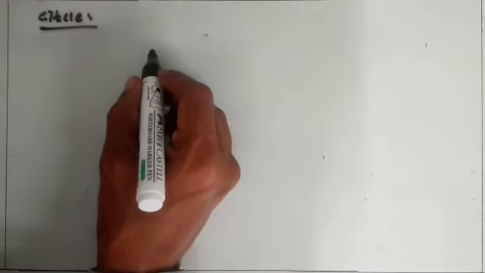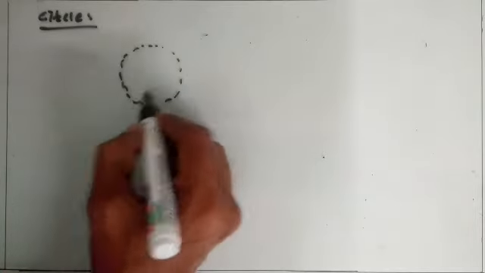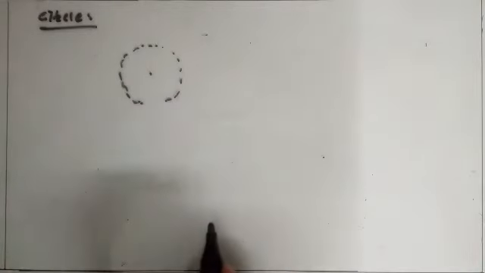Now here we discuss a circle. Remember this here. The set of all points in a plane which are equidistant from a fixed point is called a circle.